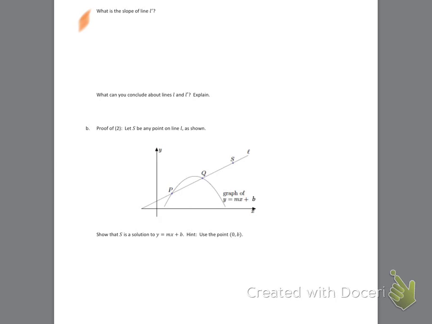So if the coordinates of R are R1 and R2, then I know that R2 is equal to m times R1 plus b. So point R's coordinates could be thought of as R1 and m times R1 plus b. Those are the coordinates of point R.